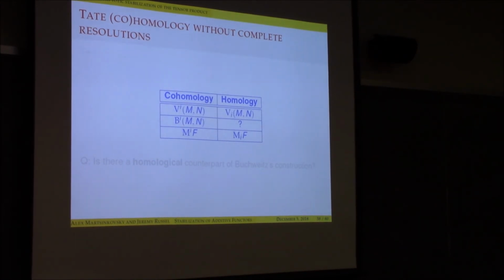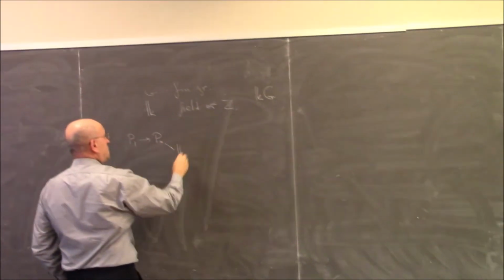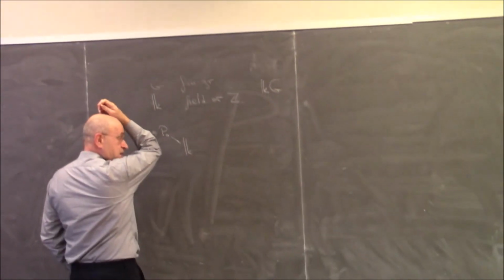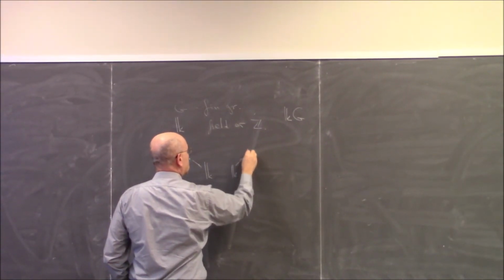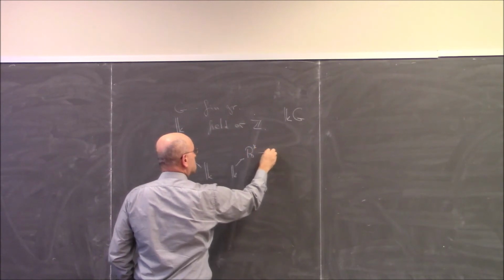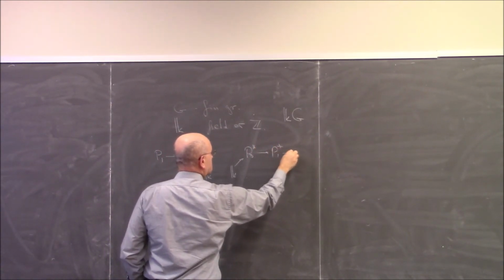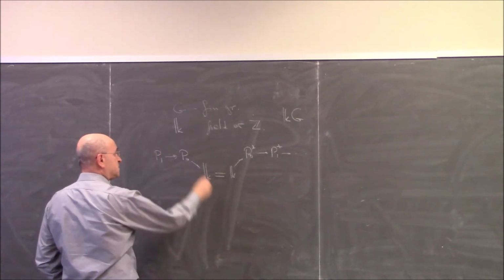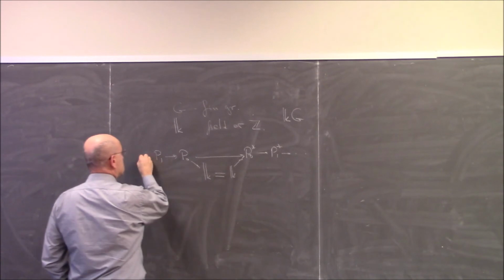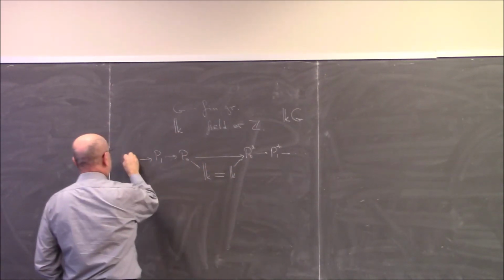So you look at K as a trivial module, we take a projective resolution, and then you dualize it into the group ring. So what happens is that you get a co-resolution, and it will co-resolve K. But then you can splice these two complexes and you get a doubly infinite exact complex of projectives.